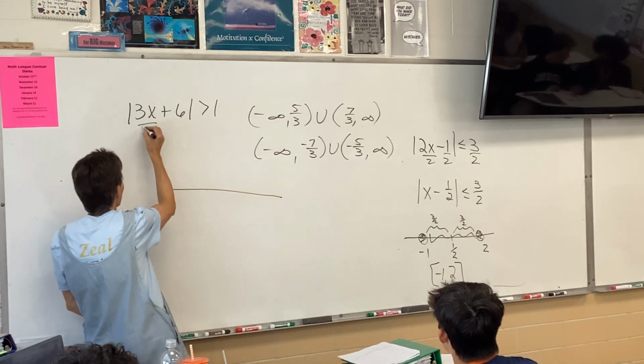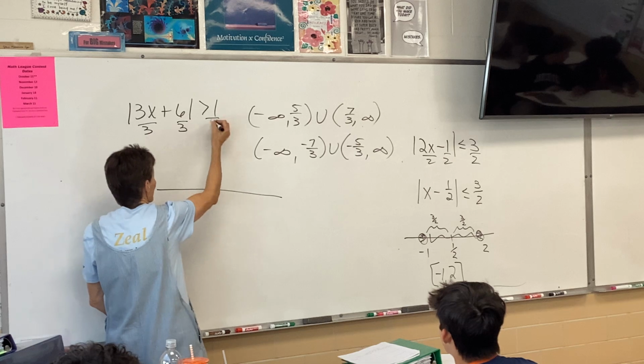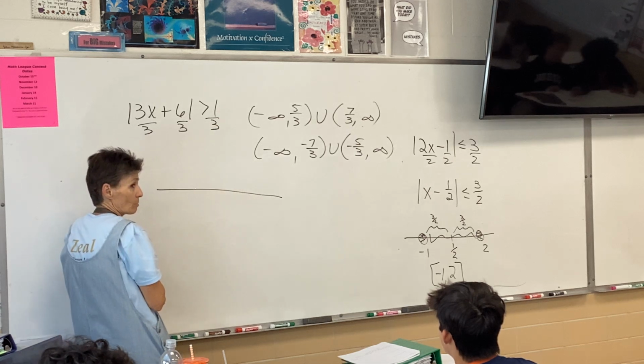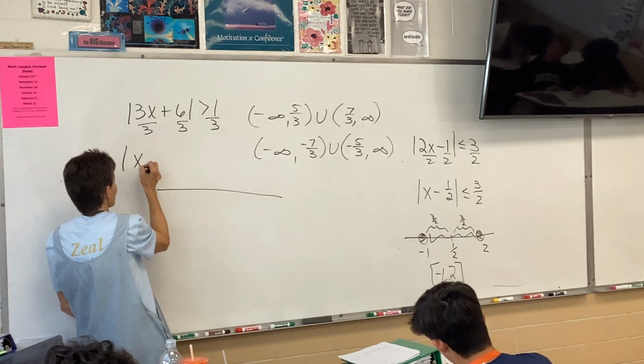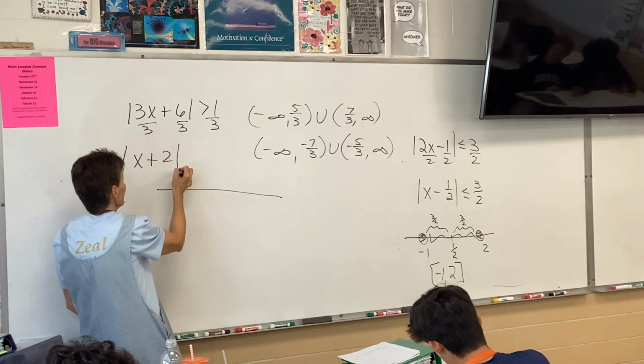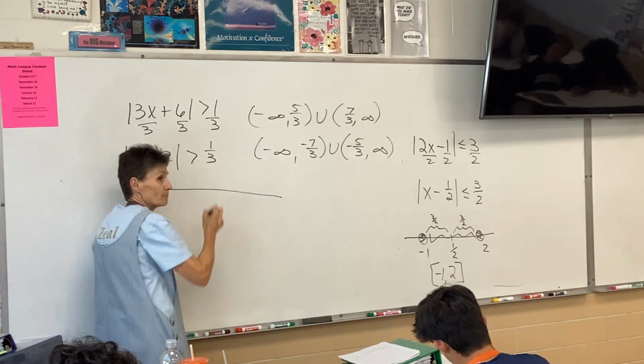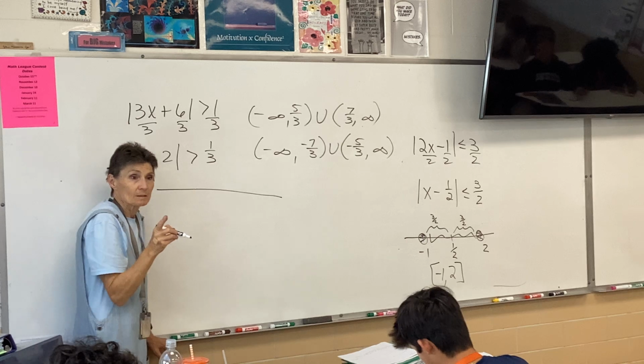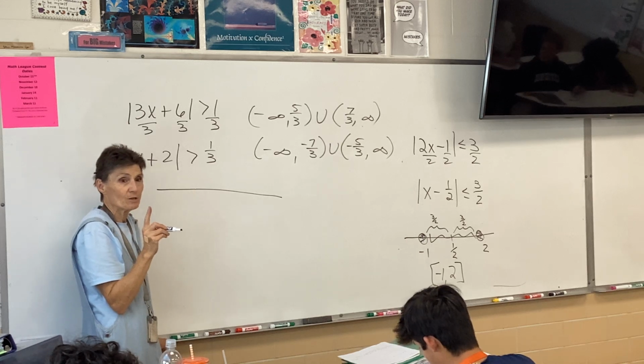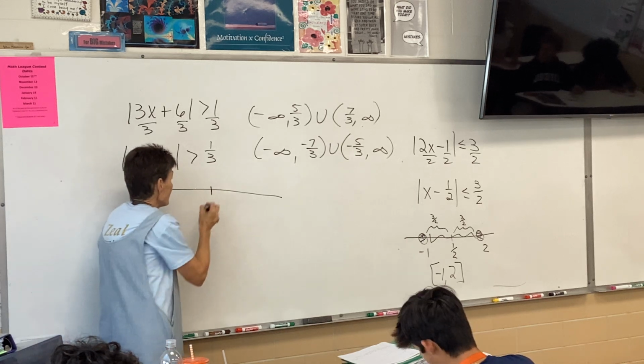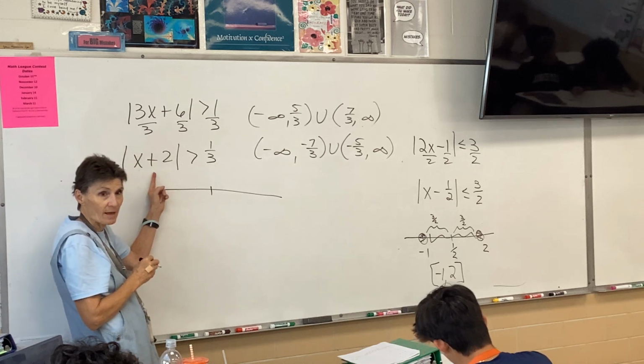First thing you did, I hope, was divide everything by 3, so that your problem says x plus 2 greater than 1/3. So Grace, remember when you do this, right in the middle goes the opposite of that number.